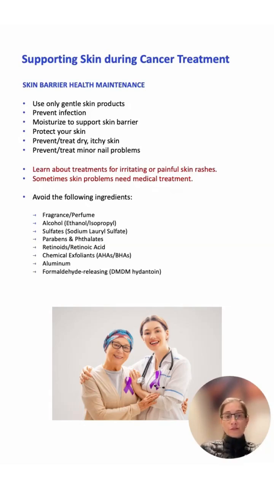They may recommend certain skin products, such as mild soaps that are gentle on your skin. Or if you're receiving radiation therapy, you can ask about skin products such as powders or antiperspirants that you should avoid before using the treatment, such as products containing aluminum.